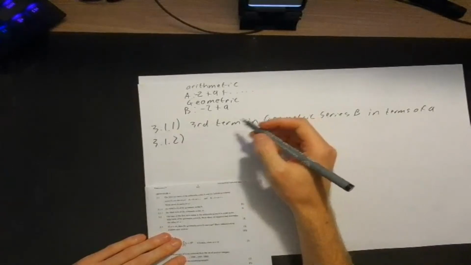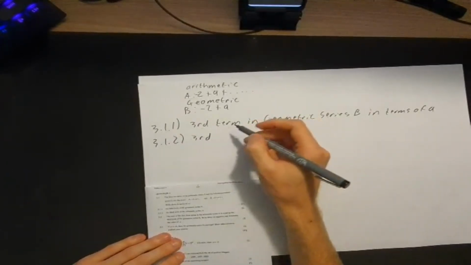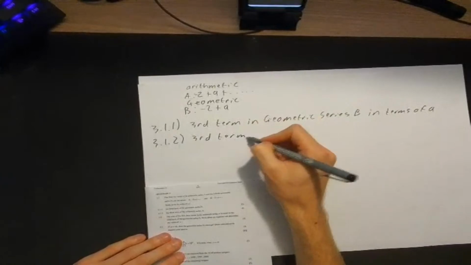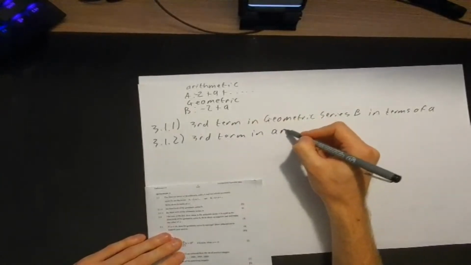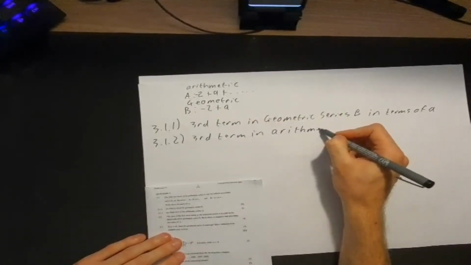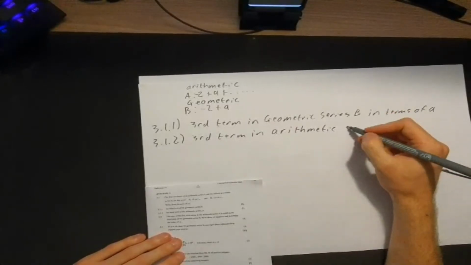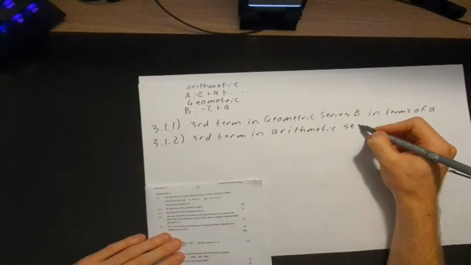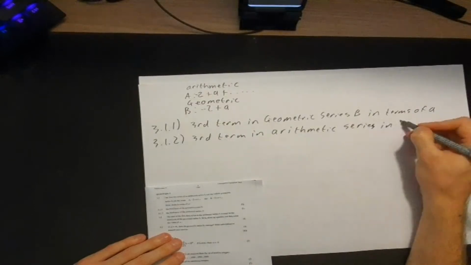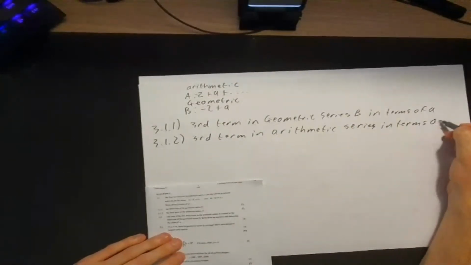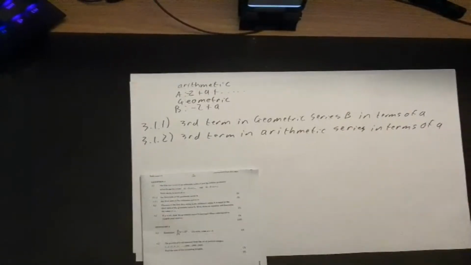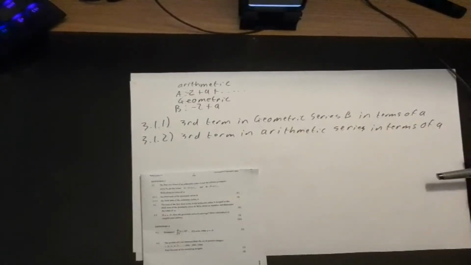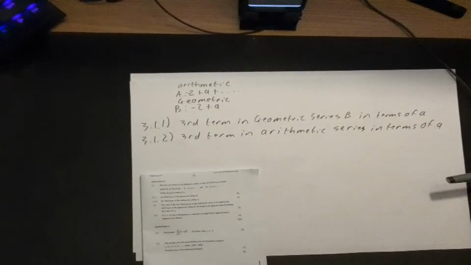And then 3.1.2, they say the third term in the arithmetic series in terms of A. So try that one. Okay, it's for 2 marks.